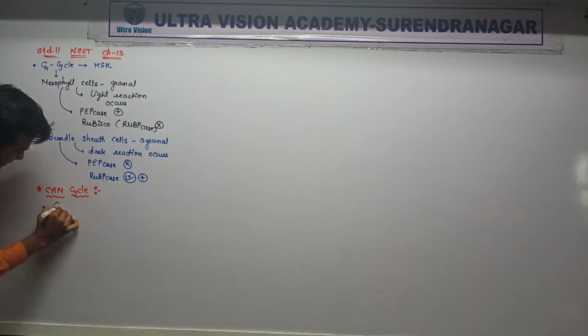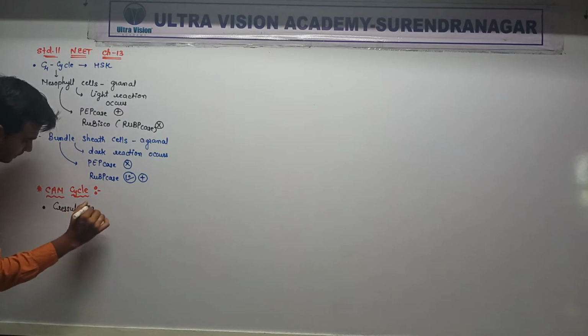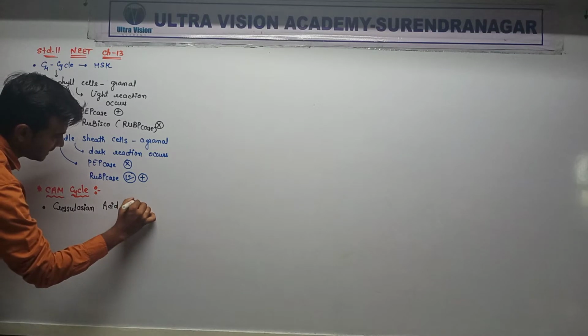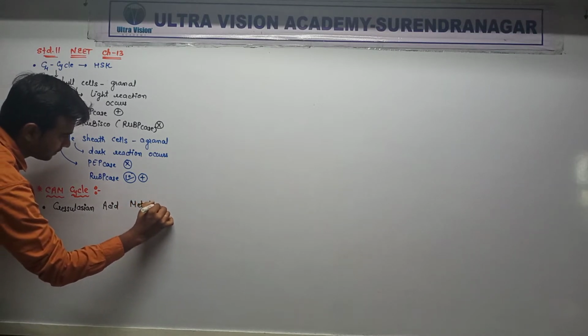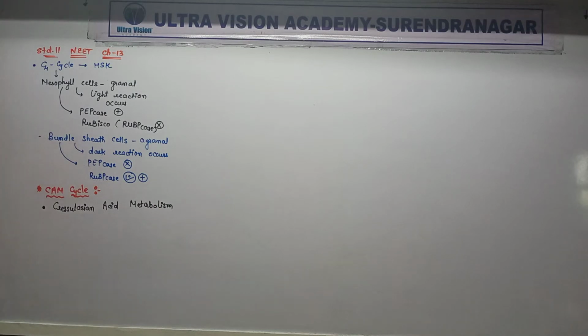The full form is crassulacean acid metabolism cycle. CAM is known as the crassulacean acid metabolism cycle.